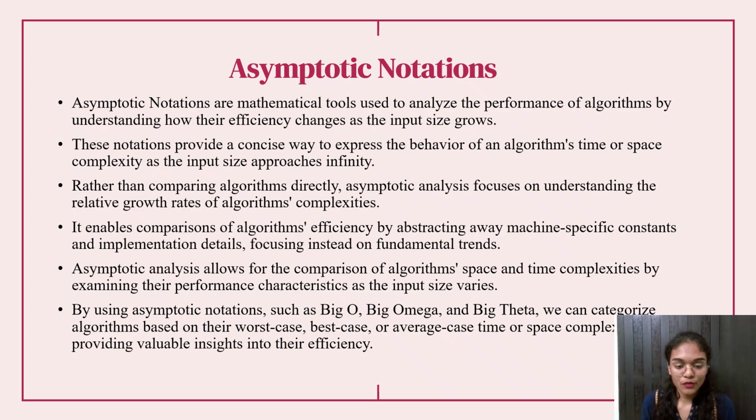Asymptotic analysis supports the comparison of algorithms' space and time complexity by examining their performance characteristics as the input size varies. By using asymptotic notations such as big O, big omega, and big theta, we characterize algorithms based on their worst case, best case or average case time or space complexities, providing valuable insight into their efficiency.